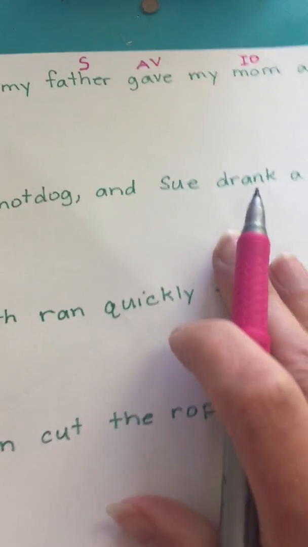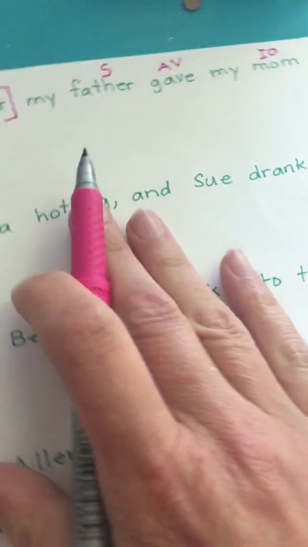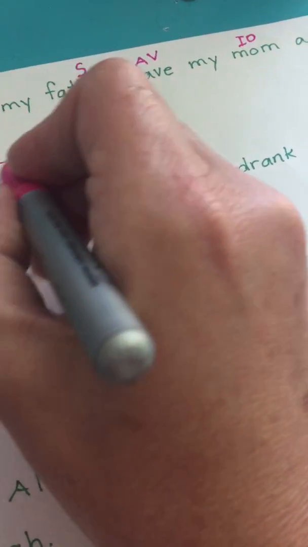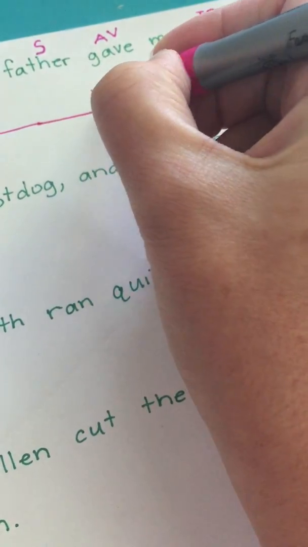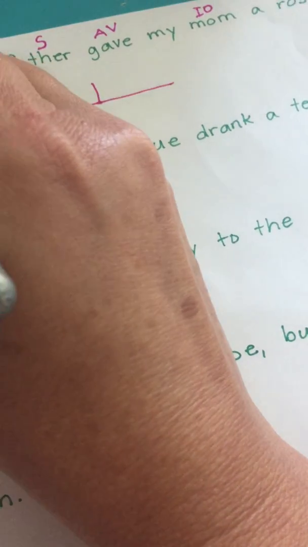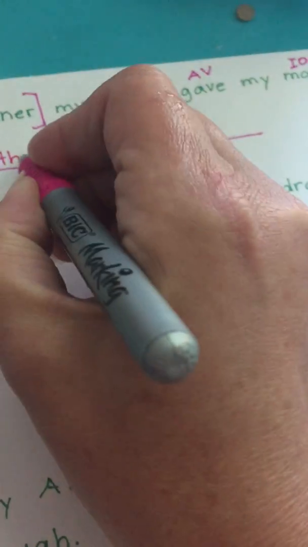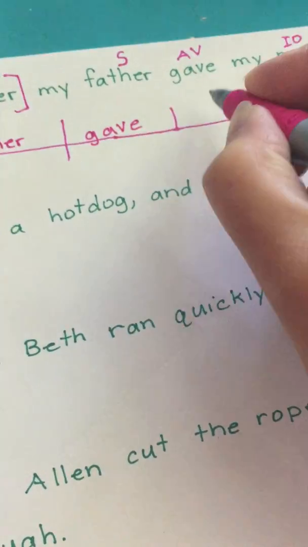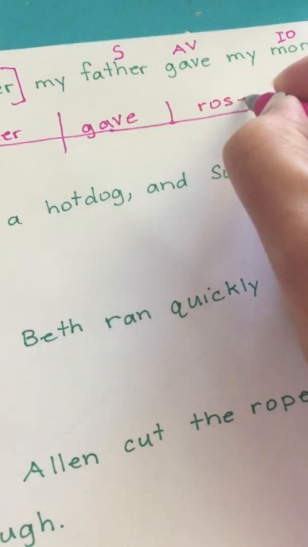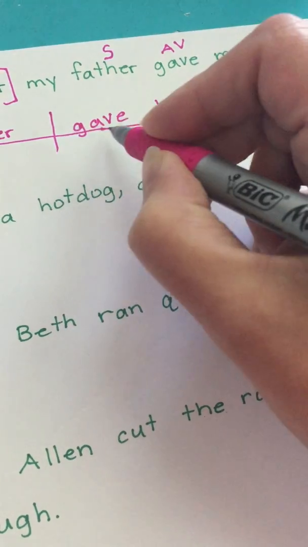Then you want to go ahead and diagram these parts. Father gave rose. So it's father gave what? Rose to whom?